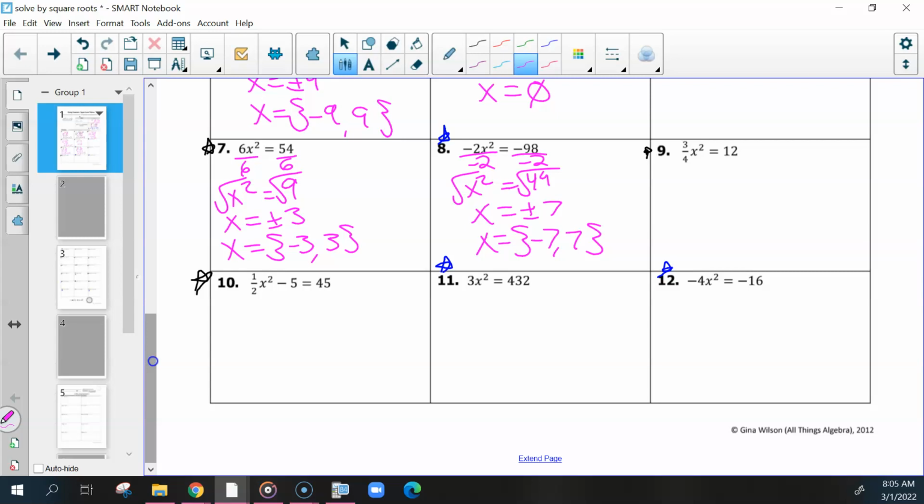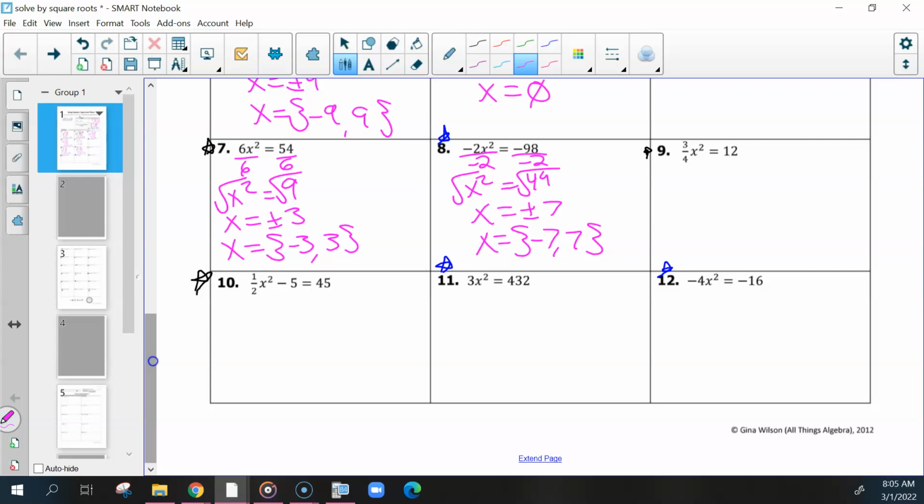Number 9. Now we have this 3/4 we need to get rid of. Just like in a regular equation, if we had a fraction next to our x and we're trying to get rid of it, we can do one of two things. Either divide both sides by 3/4, but then you have fractions within fractions, so be careful with that.